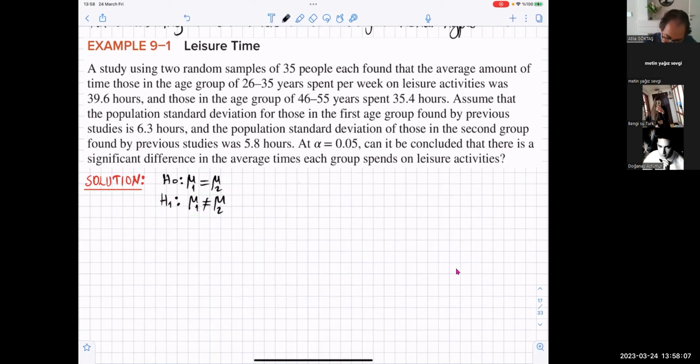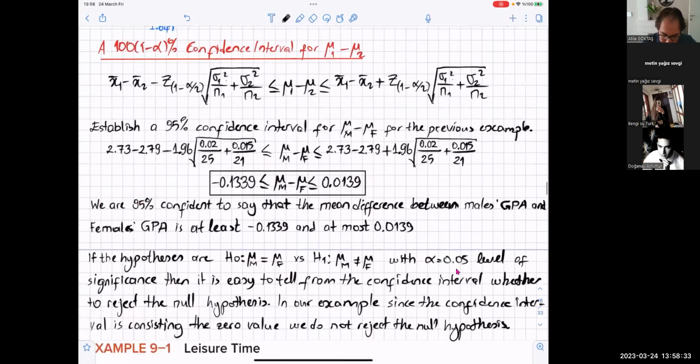So the alpha level of significance is given as 0.05, and since this is double-sided, you will have two critical values: 1.96 on the left side, minus 1.96, and on the right side also 1.96.